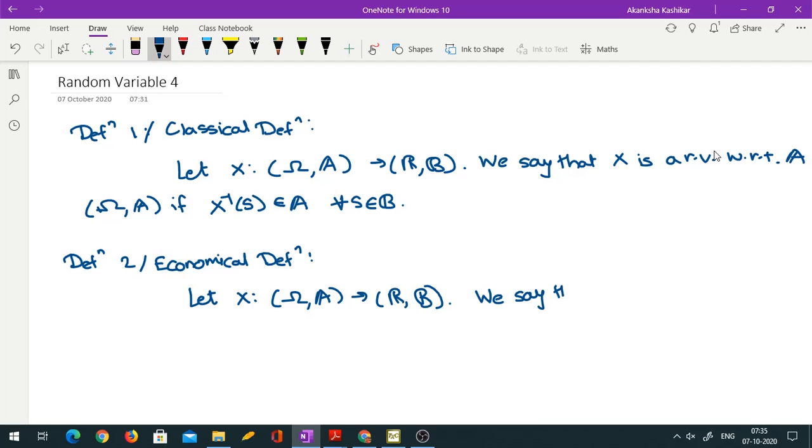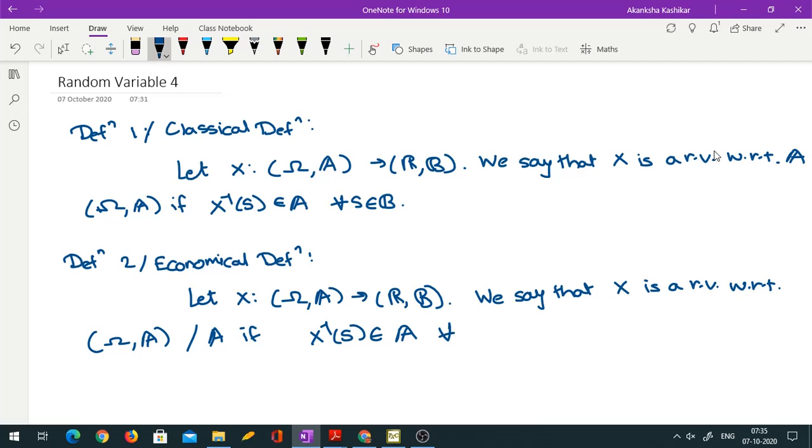We say that X is a random variable with respect to (Omega, A), or with respect to A, if X inverse of S is in A for every S in C, where C is a class of sets which can generate the Borel sigma field.